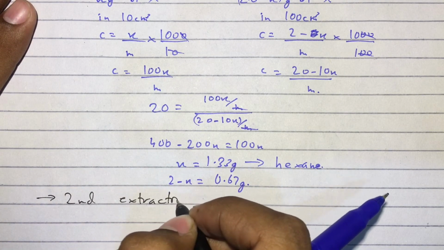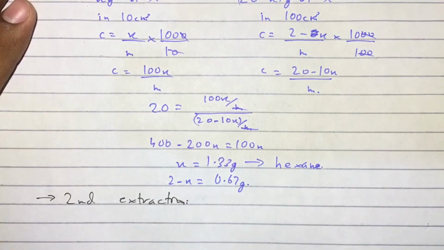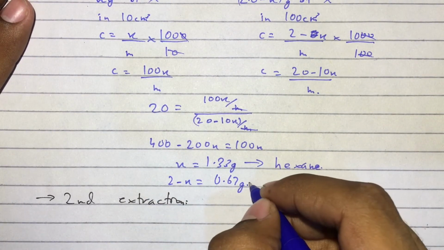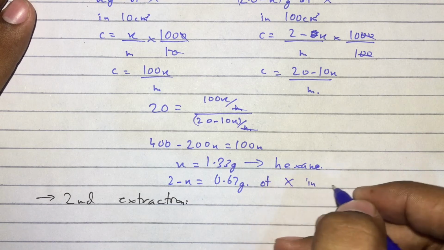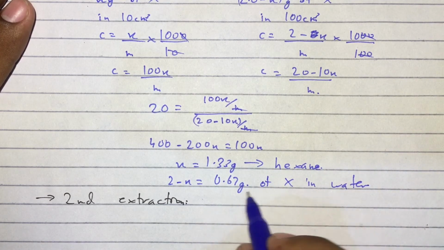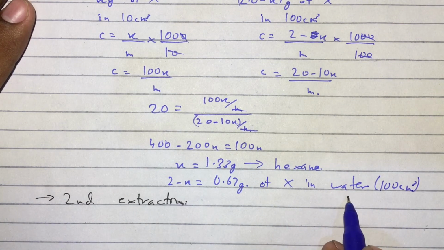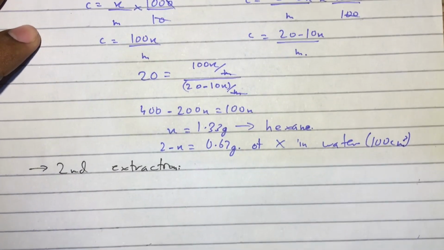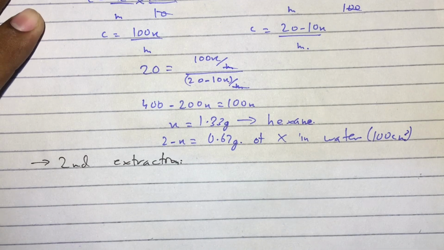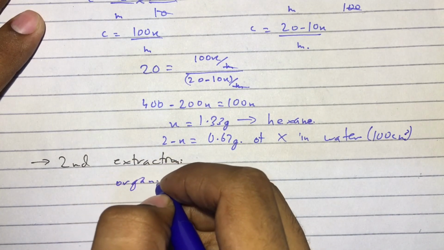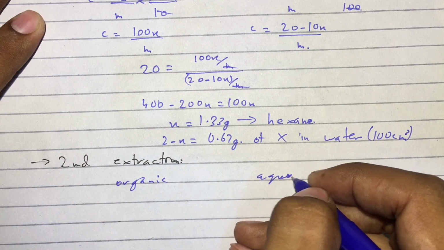Now this is 0.67 gram of x in water, so we mix this water, which is 100 cm cube, with the remaining 10 centimeter cube of hexane. This is the organic layer, this is the aqueous layer.